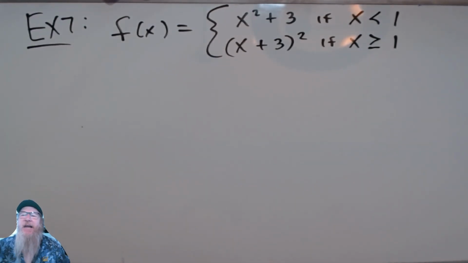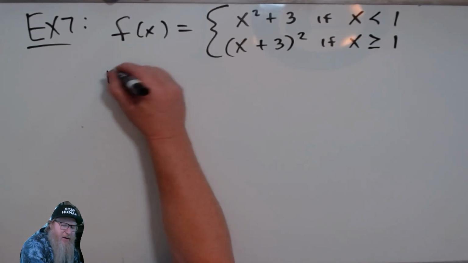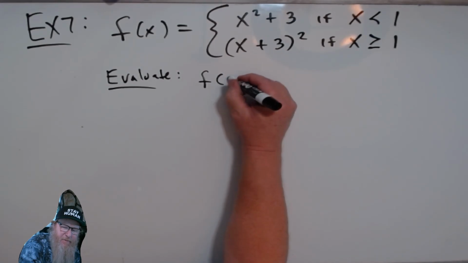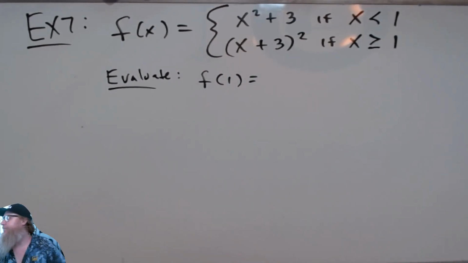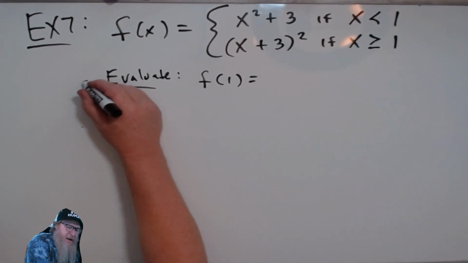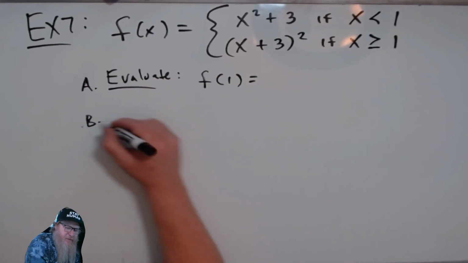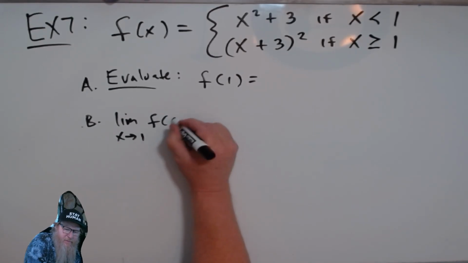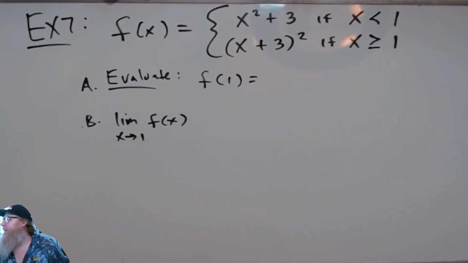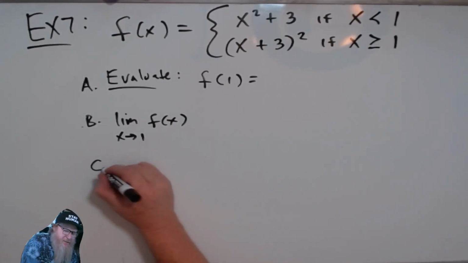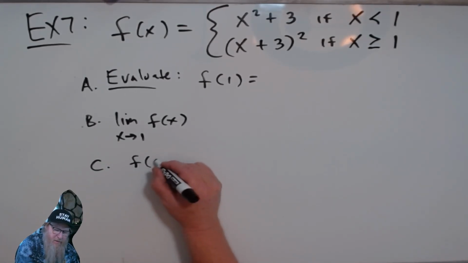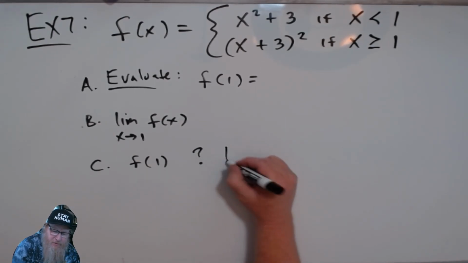All right, so this is kind of a long process. Let's go ahead and do all the different parts. So evaluate f of 1. Find the limit. Ask yourself, is f of 1 equal to the limit?